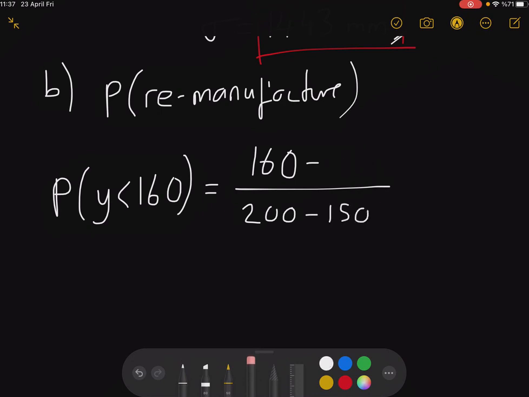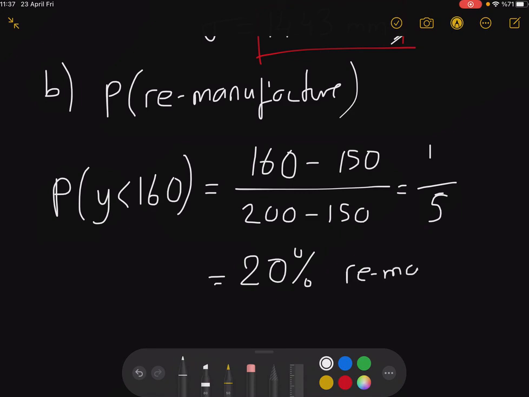Your minimum is, of course, 150, and the result is 1 over 5, which tells us that there is a 20% remanufacture probability for produced plates in this factory. So that will be your answer. And this is briefly about the uniform distribution, how we use it. Thank you for listening.